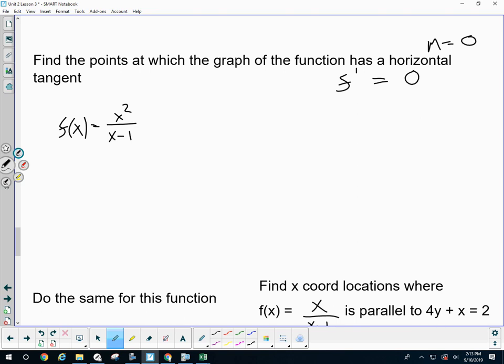The other thing great about having a tangent slope generator. Okay, let's see. I got to find my tangent slope generator first to set it equal to 0. Derivative of the top times the bottom, minus derivative of the bottom times the top, all over the bottom squared.